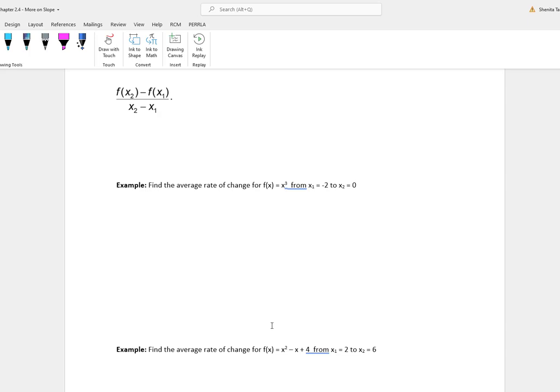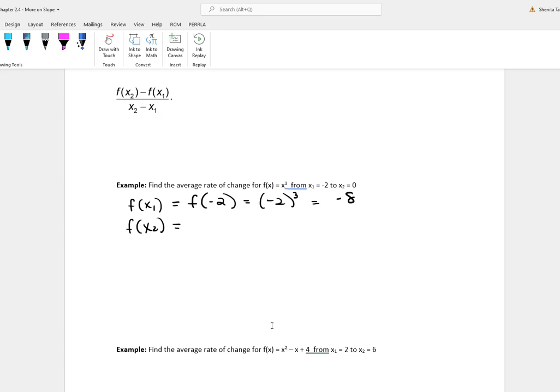So the first thing I want to figure out is f of x1 and f of x2. Well, we know that f of x1 will be f of negative 2. I'm going to plug that in to the formula of x cubed. So whenever I see an x, I plug in negative 2. I get negative 8.